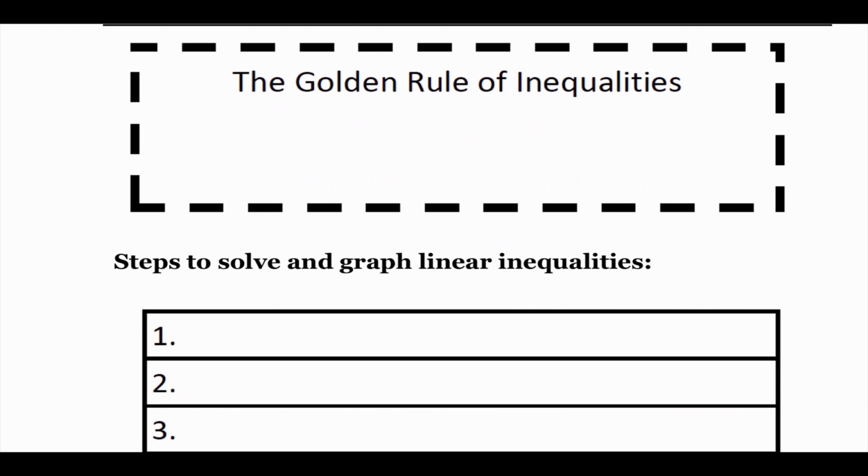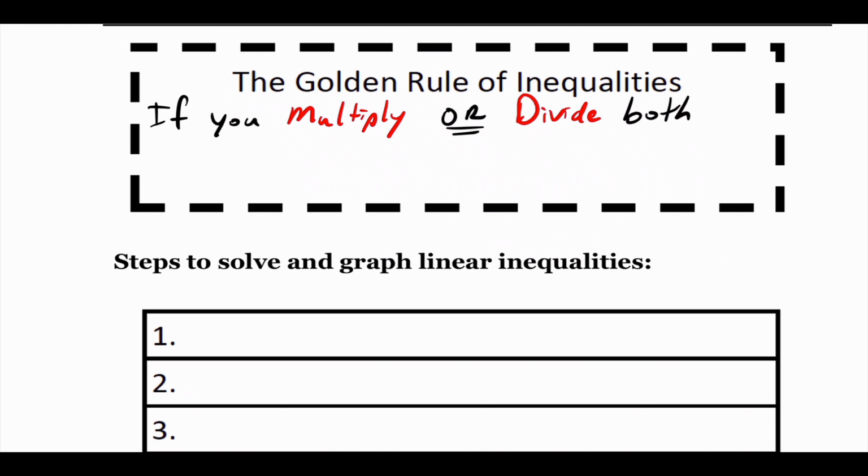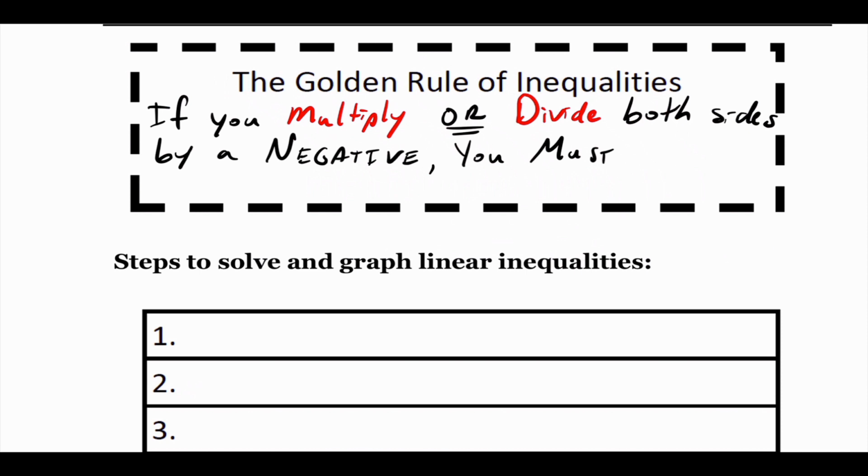What does the golden rule say? The golden rule says this. If you multiply or divide both sides of the blue line by a negative number, you must flip the symbol.